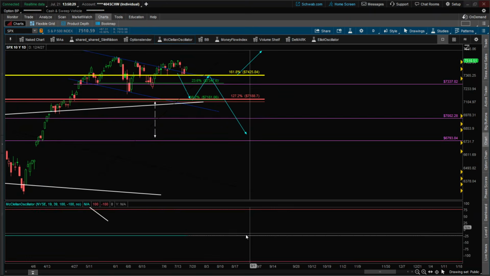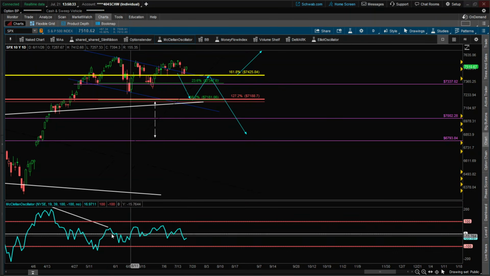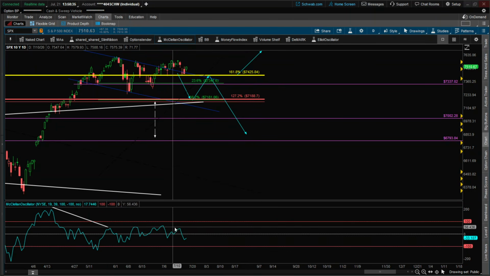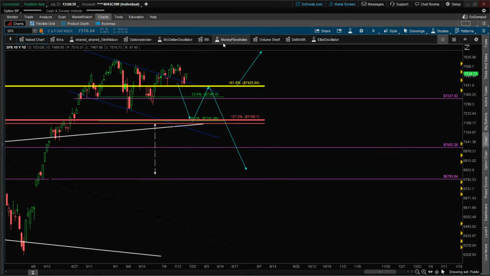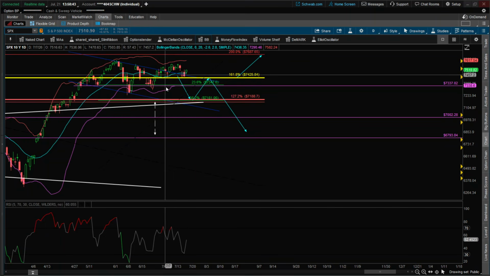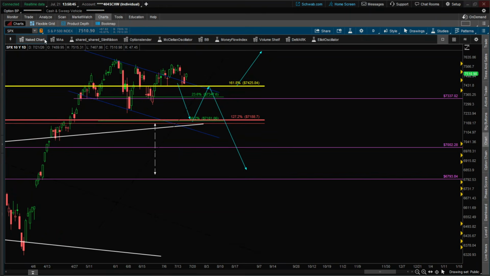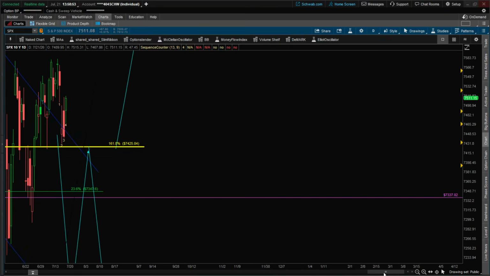Here's a McClellan oscillator. No setup here, just getting a little bit weaker. I think we're making lower highs, and this should make its way down to the lower edge. Here's your Bollinger Band holding the mid, just kind of going sideways. No setup there. DeMark, with all this choppiness, I don't think we will get a setup here as well.